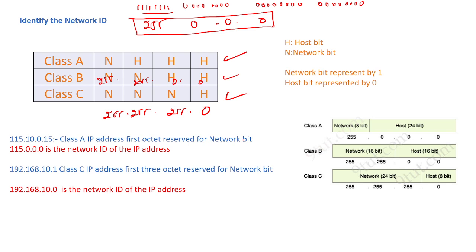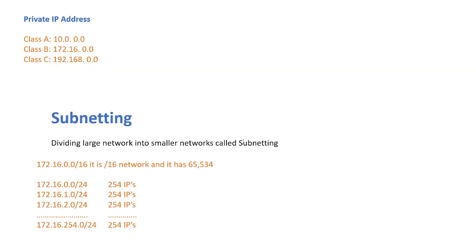For class C, the first three octets are for network and the remaining are host. The same thing I have written here. So this slide is clear, right? Yes, sir.